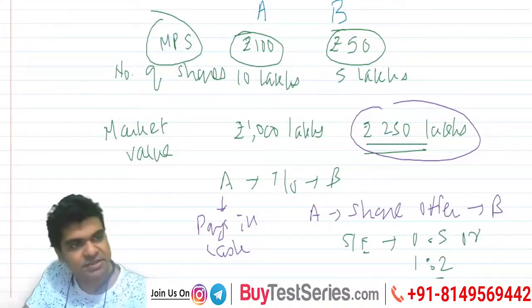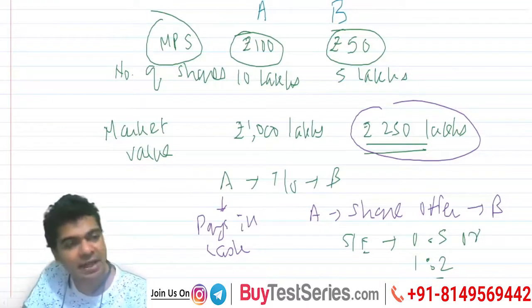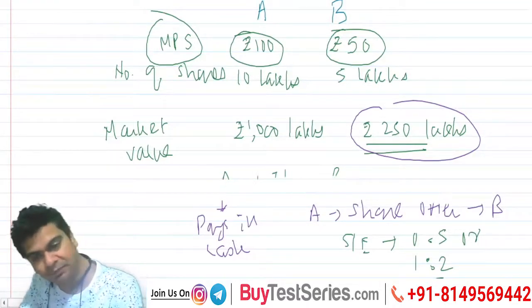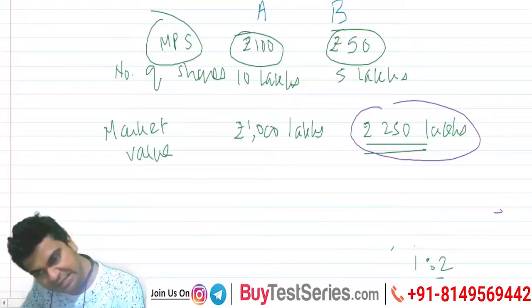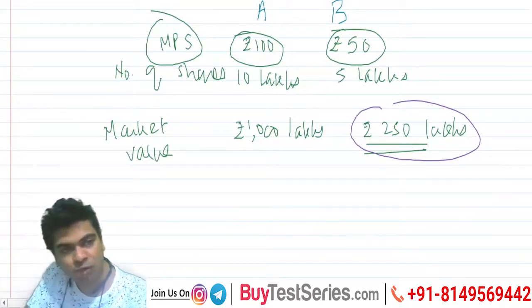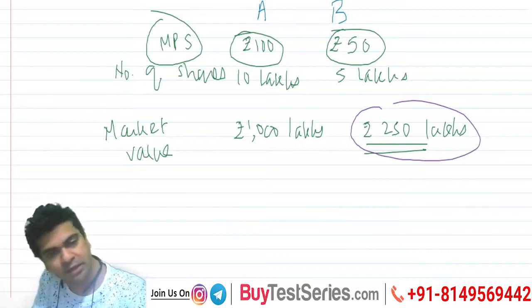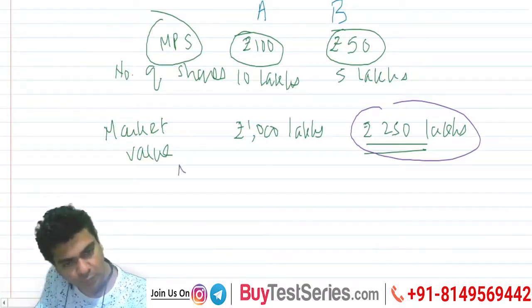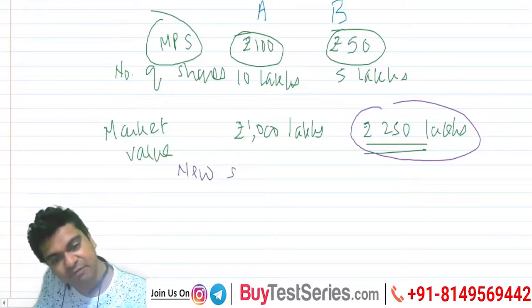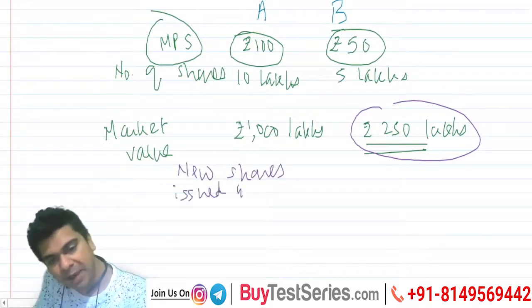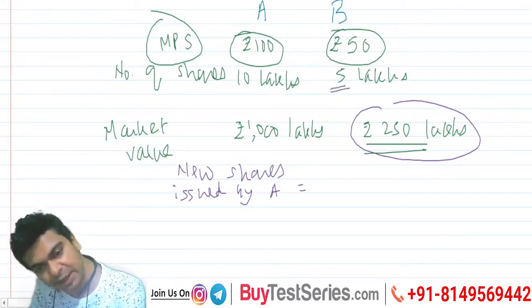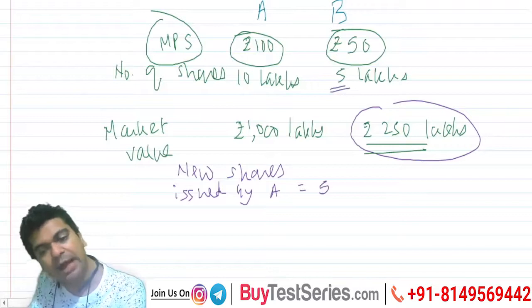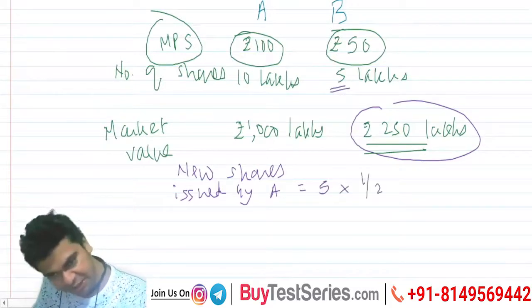Just see for a moment what will happen in that kind of a situation over here. So we are saying we go for a share exchange ratio of 1:2, right? So the new shares that will be issued, new shares issued by A, the number of shares which are there in the selling company is 5 lakhs. I multiply that with the share exchange ratio.